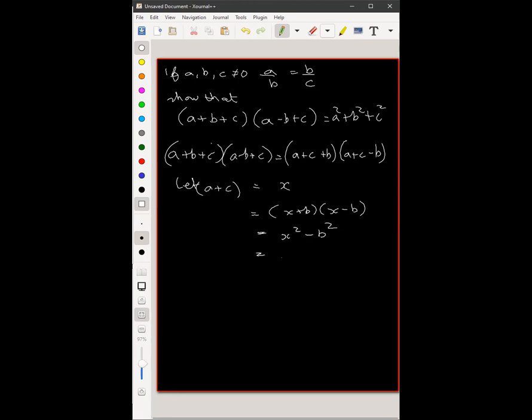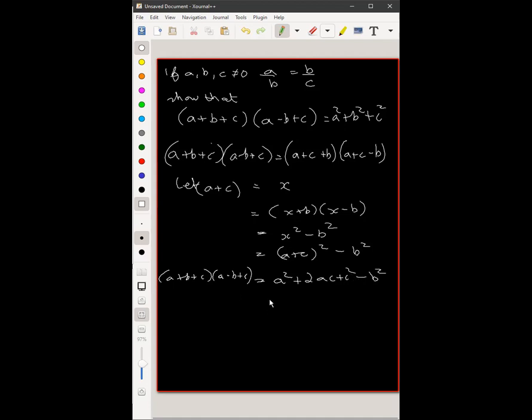Replacing back, a plus c whole square minus b square. So a square plus 2ac plus c square minus b square. Right. So we get this value basically for a plus b plus c into a minus b plus c.